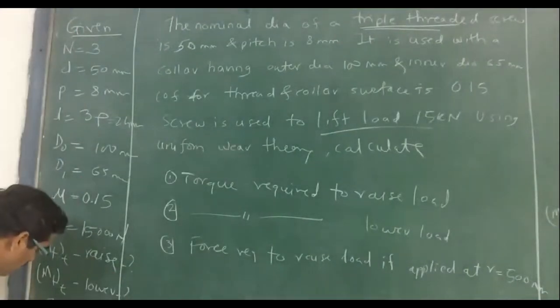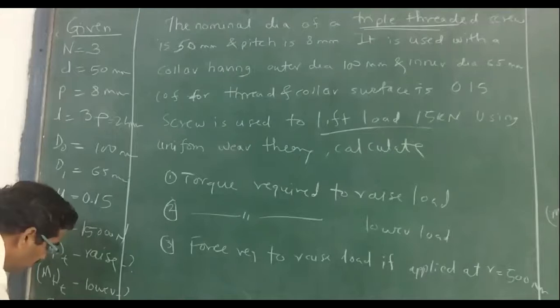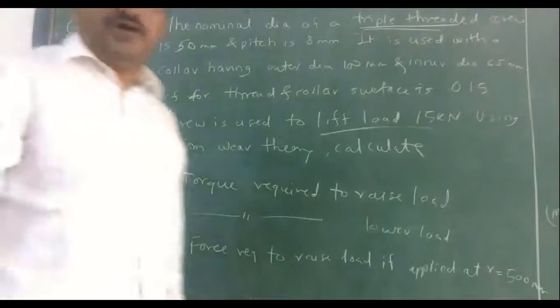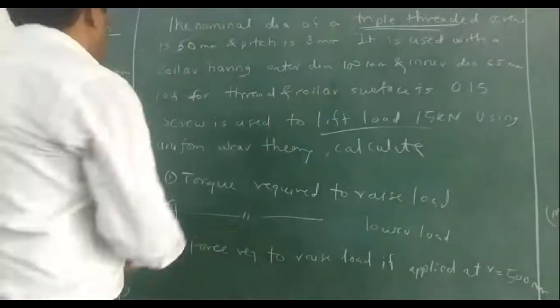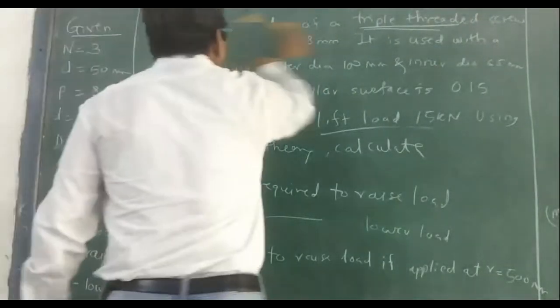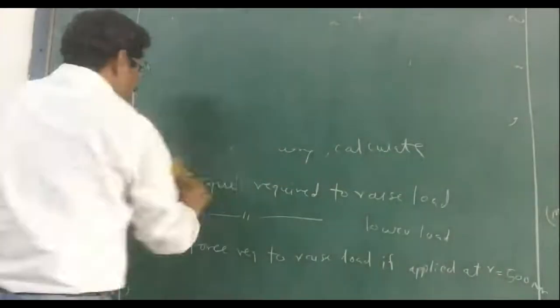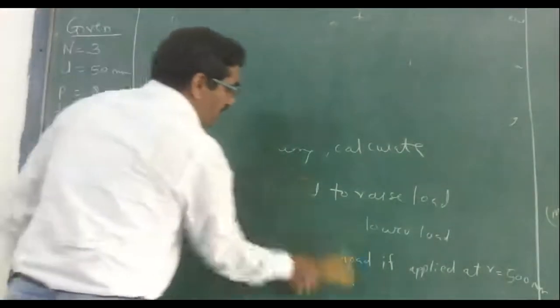Once we know the torque, torque is equal to load into radius, so if we know the radius we can find the effort or force needed to raise or lower the load. The last part is pretty simple once we know the torque.